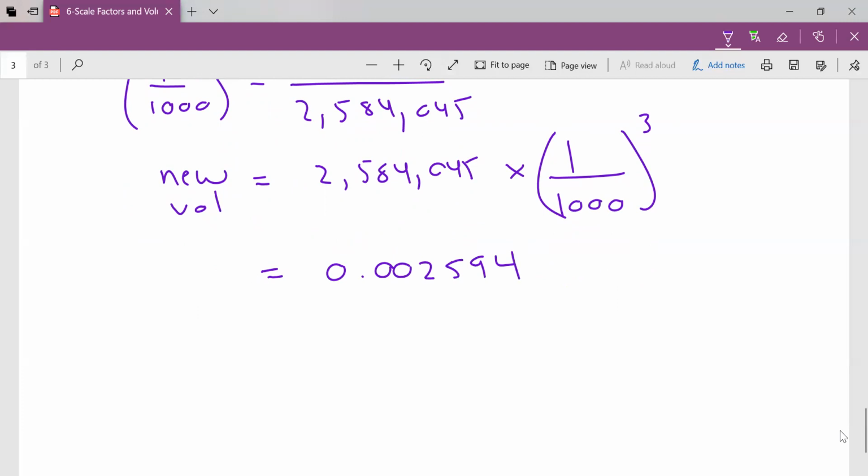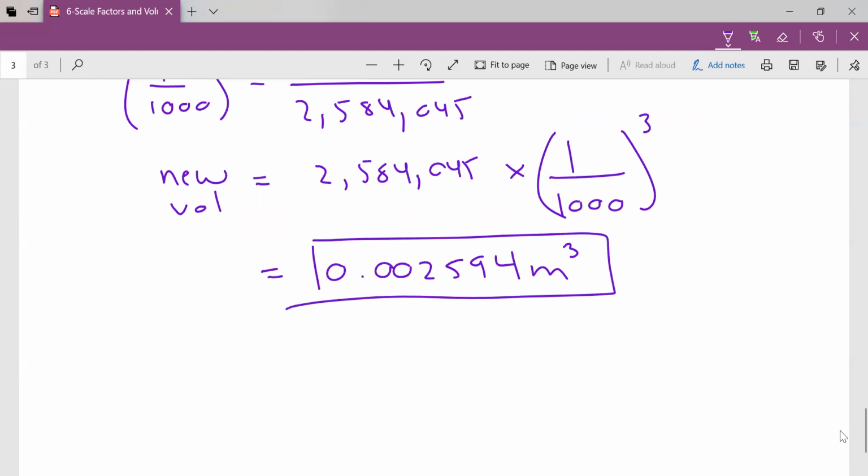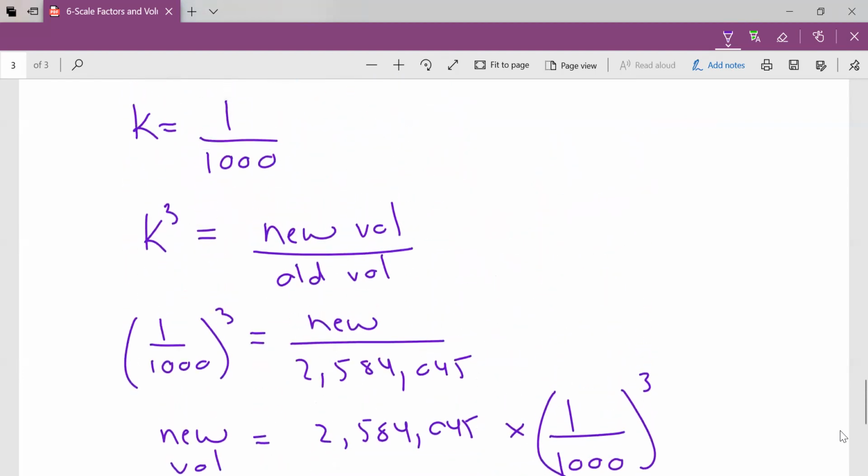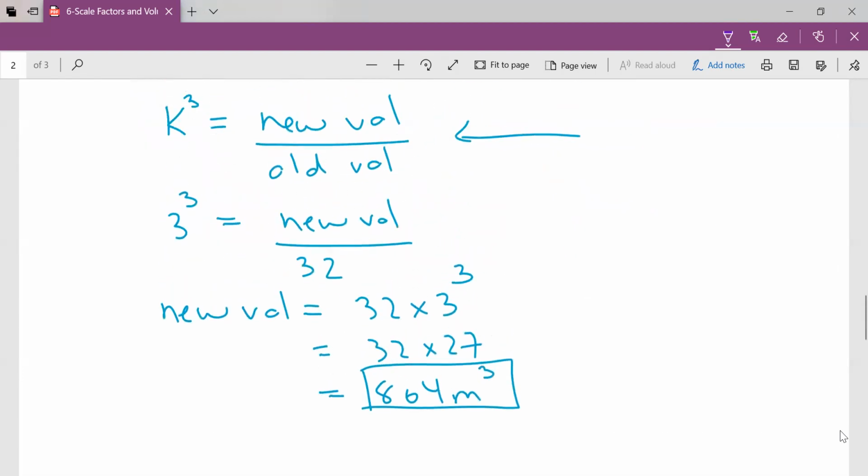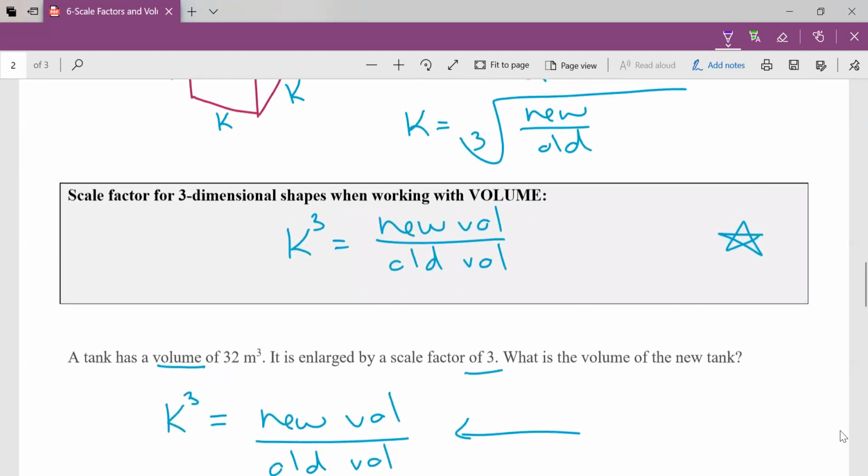And that is our new volume right there. So there it is, friends. Again, as long as you have this formula written down somewhere, you will be just fine for these lessons. Good luck to you.